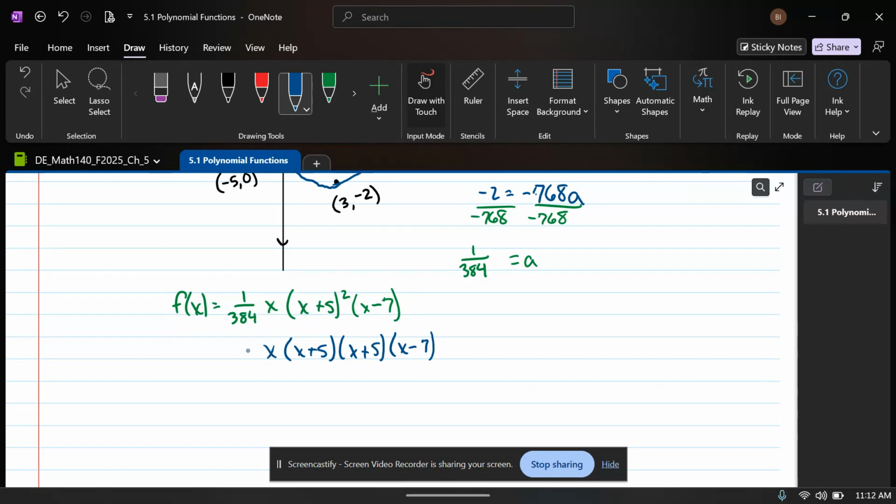And we've got the 1 over 384 that's got to go in there. The fraction is happening last, I promise. So that's x squared plus 10x plus 25. So I'm just multiplying those that look alike together first. And then I'm going to multiply by the x minus 7.